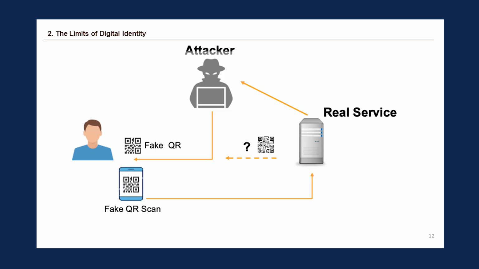After that, if we scan the QR code, our credential may be misused by the attackers. The problem is not only that. Even if we are connected with the right service provider, if the attacker puts their QR code on top of our QR code, our wallet can be misused by the attacker as well.